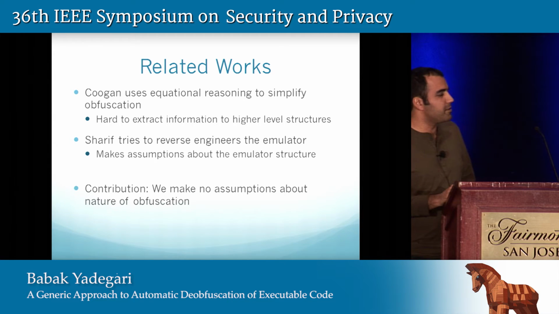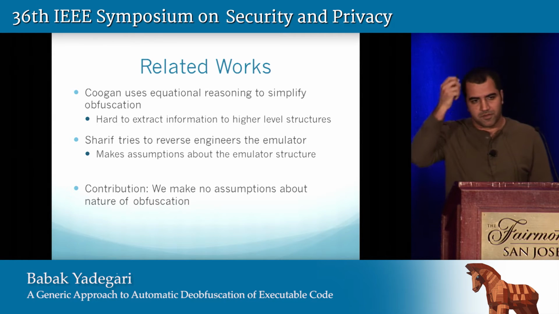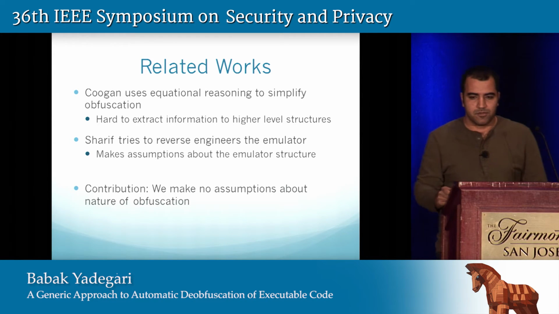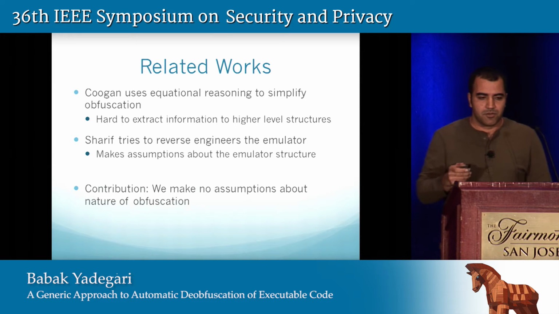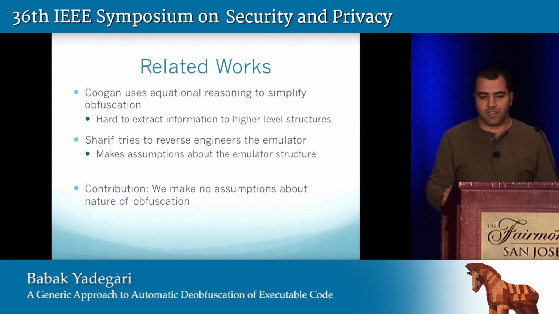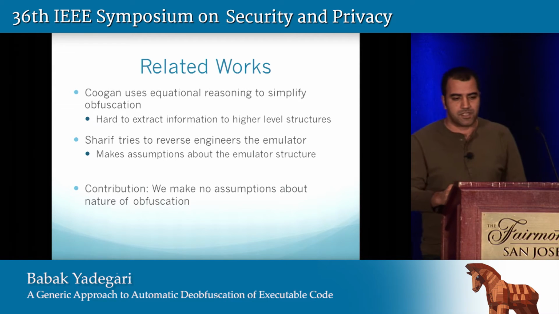There have been a few related works to deobfuscation. I have some of the most relevant here. Kugan uses equational reasoning and assembly level instructions to identify instructions relevant to the original code and to simplify deobfuscation.